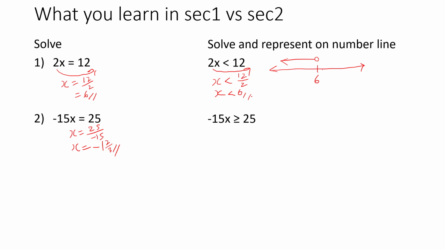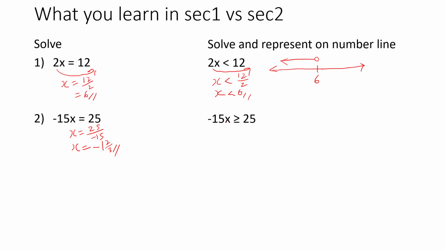Now, here it will be a bit different because, as mentioned in the key, we are supposed to move the negative unknown over to the other side. So, the first question, because 2x is positive, you do not have to move the x to the other side.